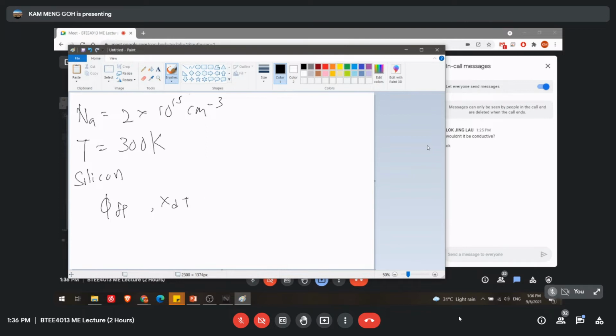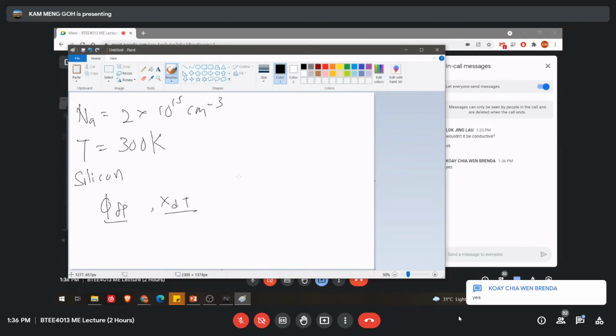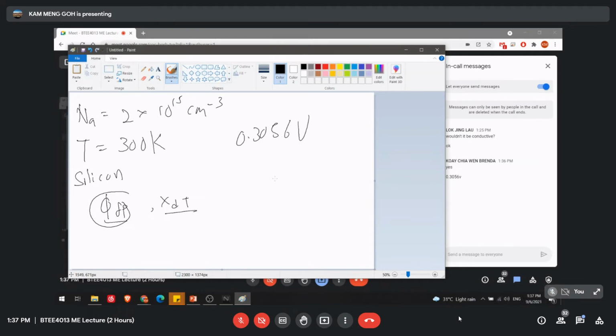Okay, what's the answer for the potential and the width? Brenda, are you here, Brenda? What's the answer for this? 0.3056 volt. Any plus one answer? The rest of you?